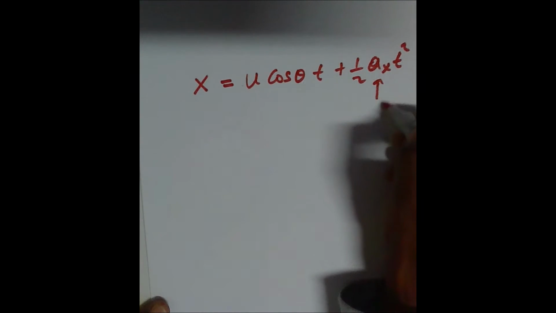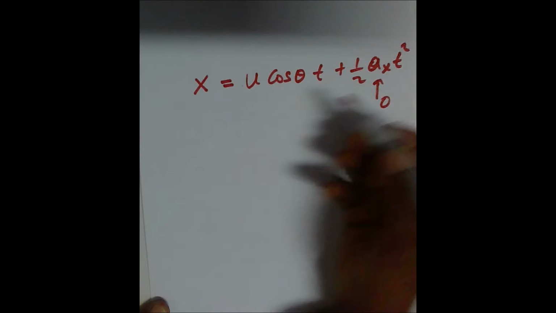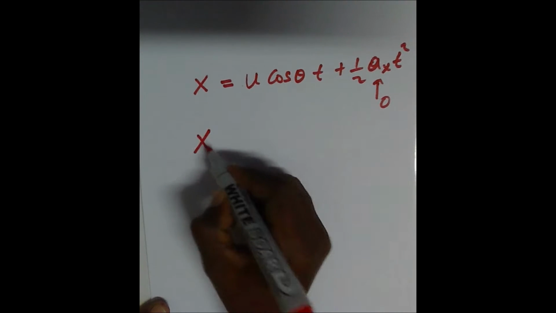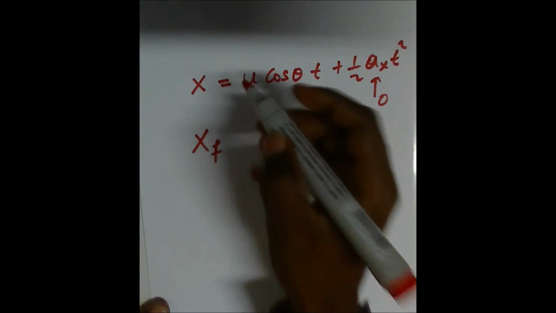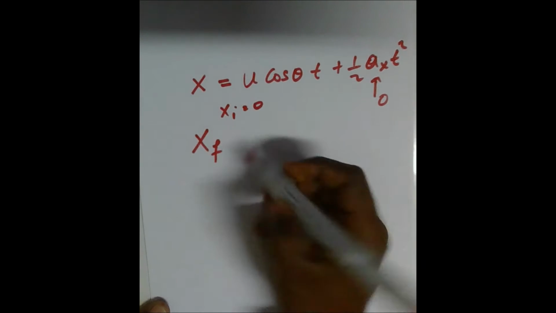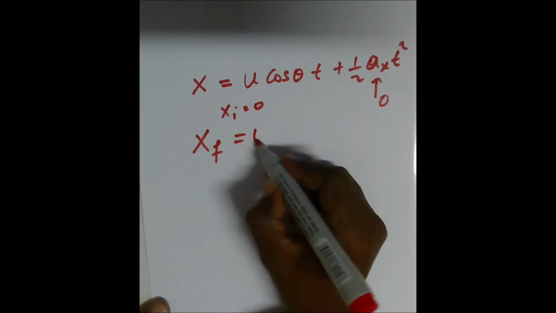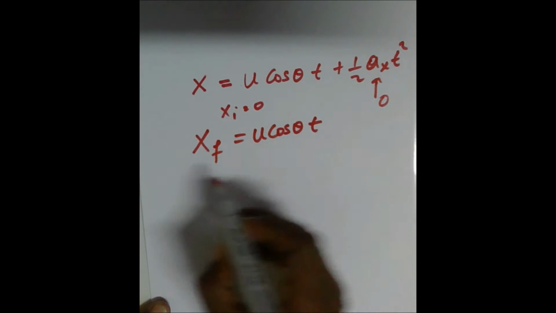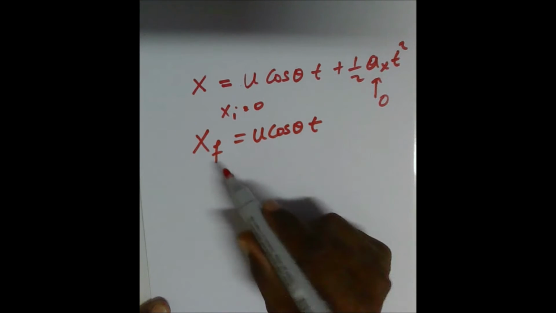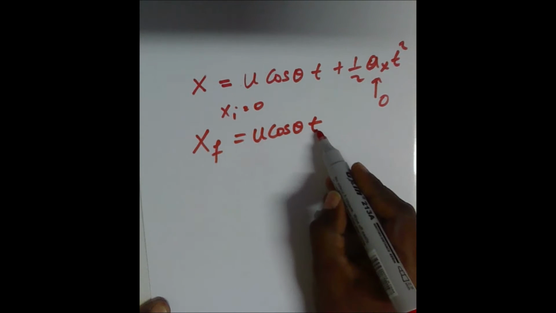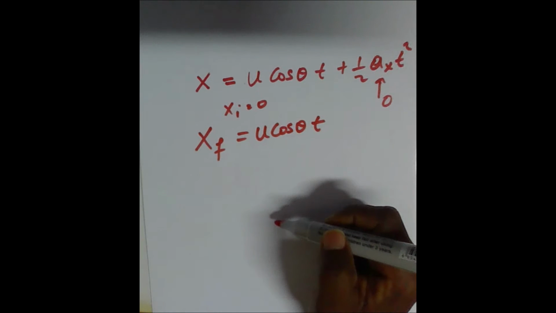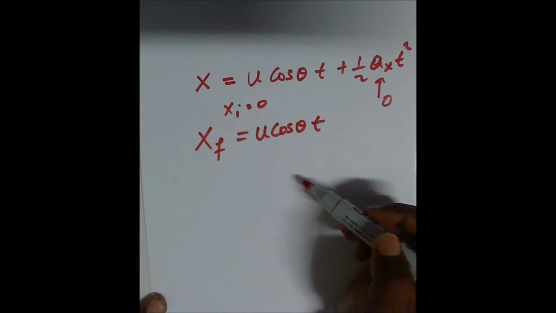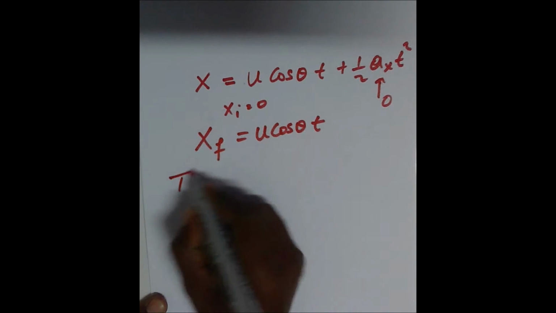You know that this value is 0, therefore 0 multiplied by this one, and finally x final, because x initial is equal to 0, therefore x final is equal to u cos theta multiplied by t. This is the value of x at a certain time t. Okay, so having this in mind, this is for the horizontal position.